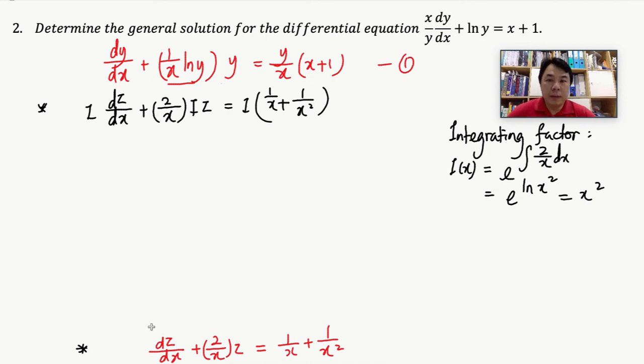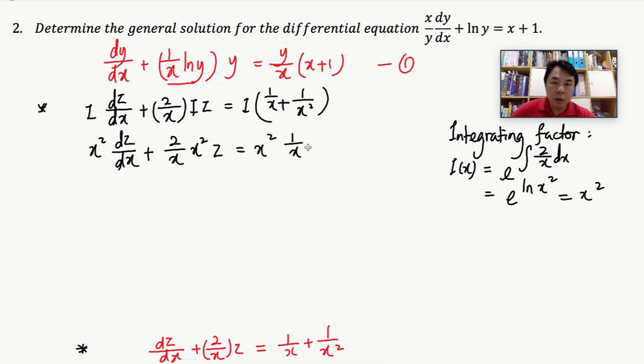Alright, that's how it looked at this point in time. Now, of course, I'm going to put in this x squared here. There will be x squared dz dx, and then there will be a 2x z, equal to x squared times 1 over x plus 1 over x squared.